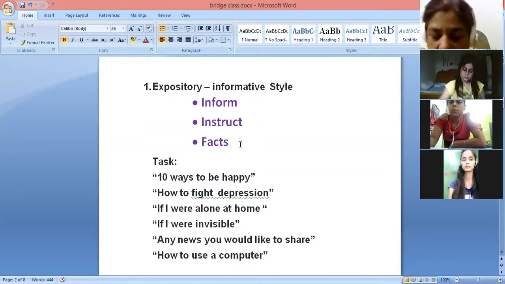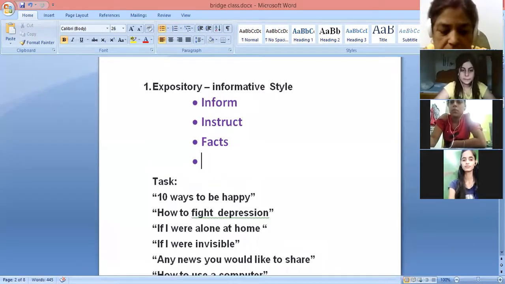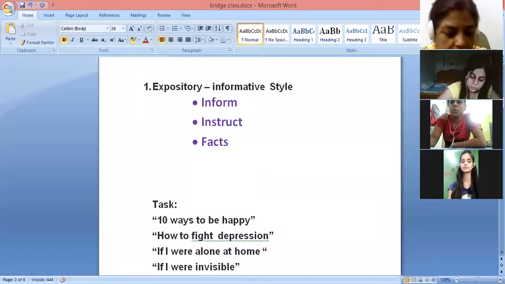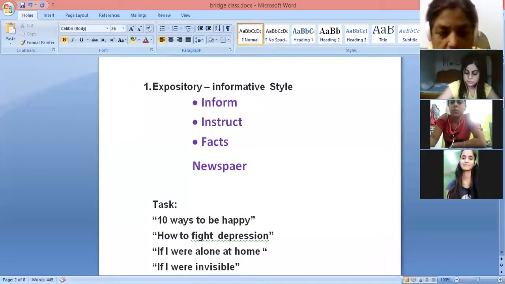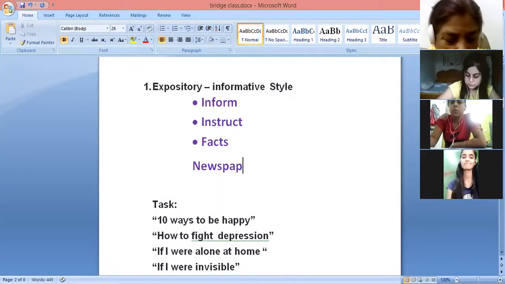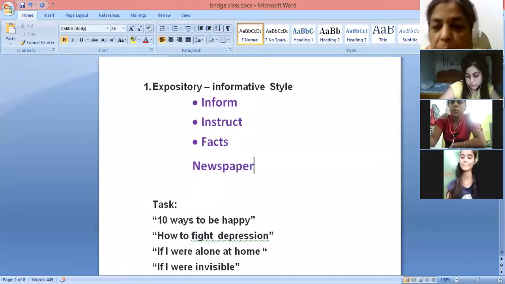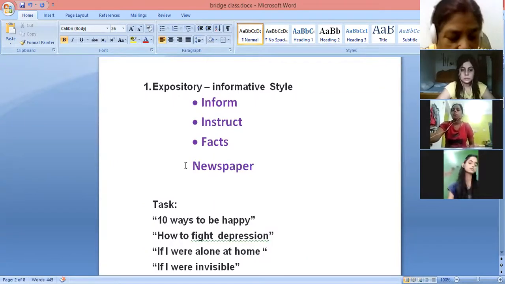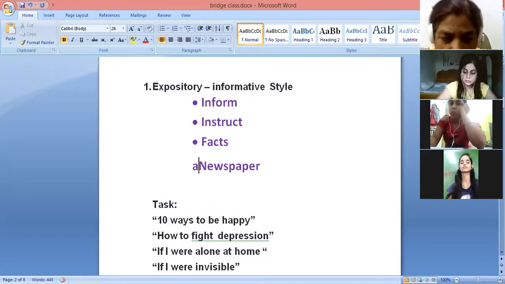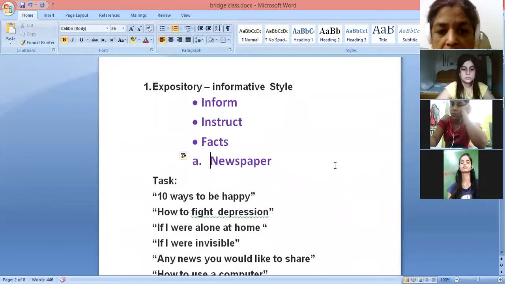For example, you read the informative style in the newspapers. Any newspaper, any news, because they also inform, they do not instruct, but they inform. So informative style can be used for giving news, for example, the newspaper.